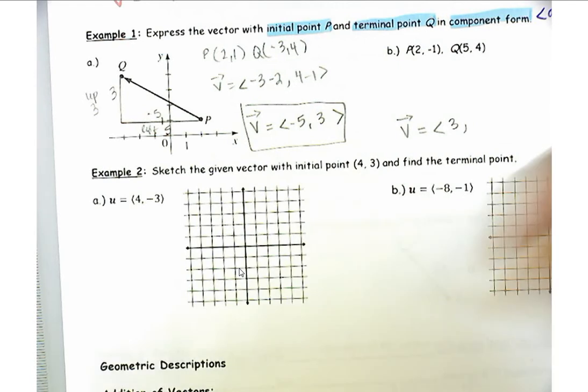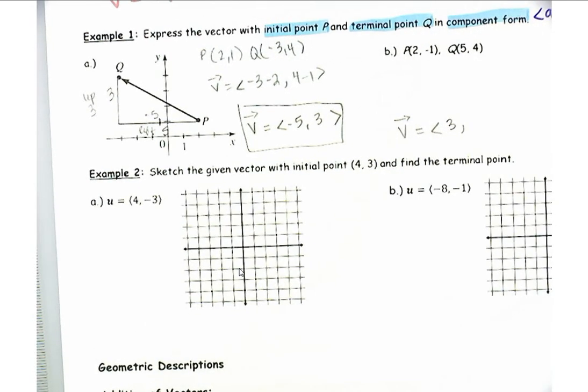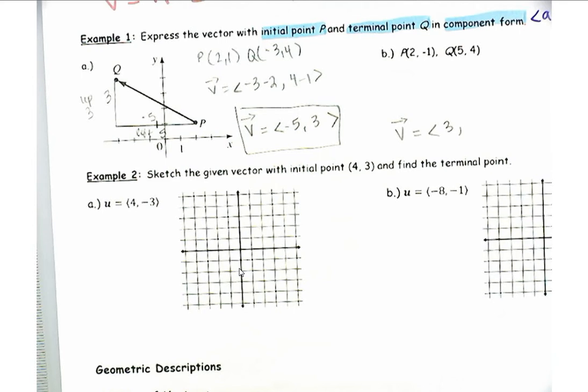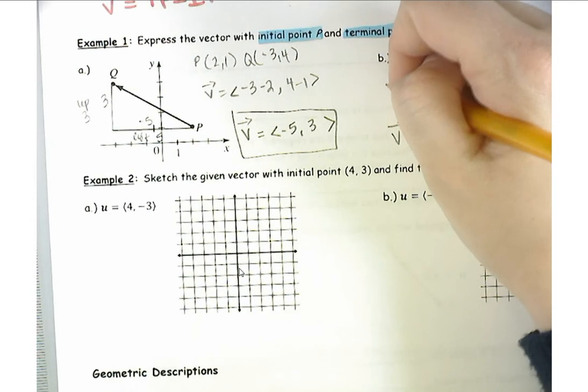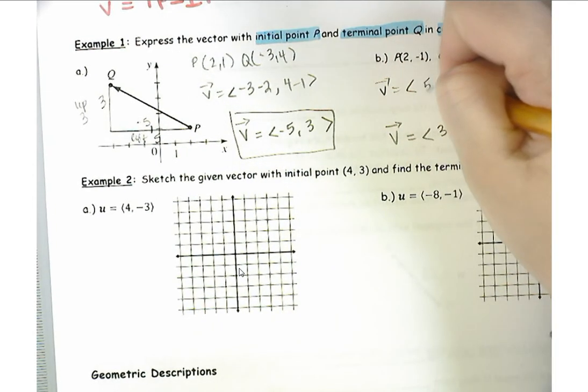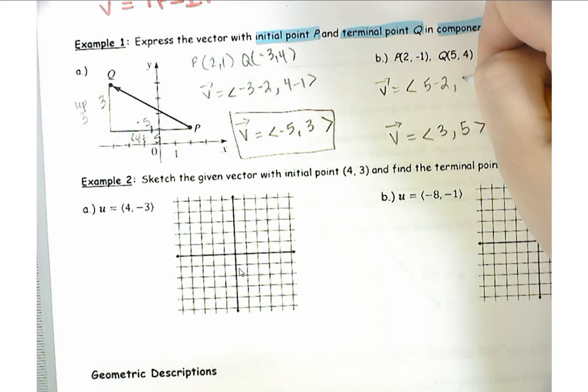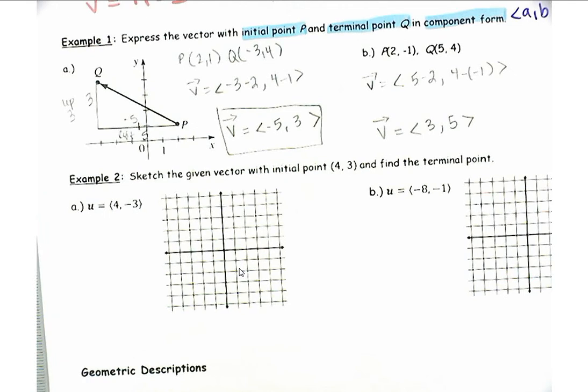From negative 1 to 4, what's your vertical distance? 5. Now again, you could also find that by subtracting. You could do 5 minus 2, and then 4 minus negative 1. So either way you could get that.